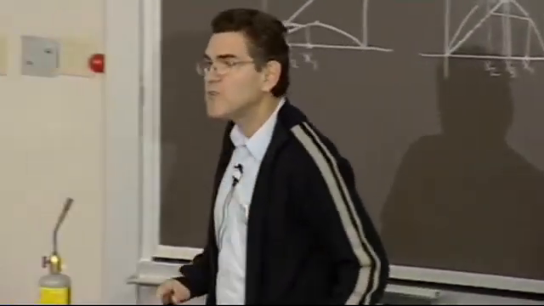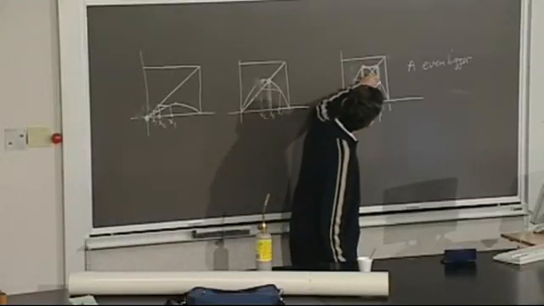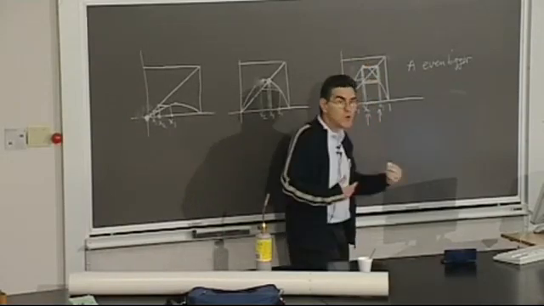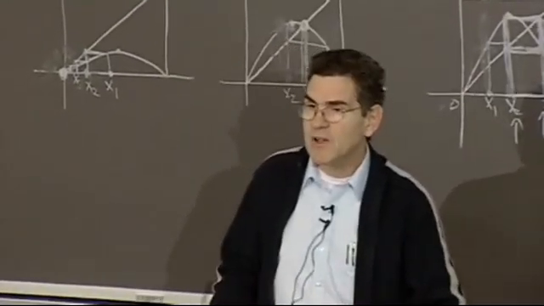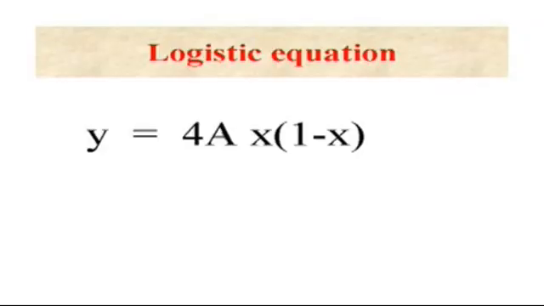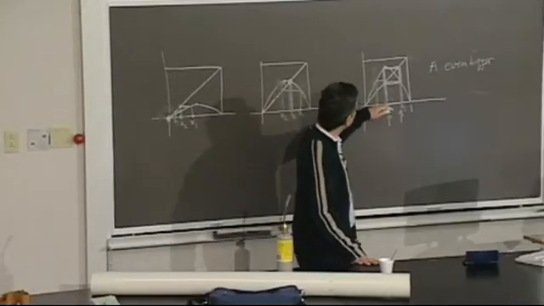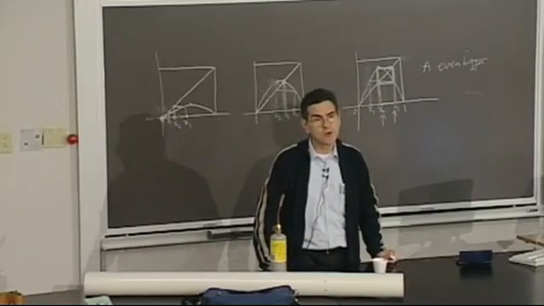And in fact, if you continue this process, taking A bigger and bigger and bigger, the cycle gets longer and longer and longer. So this cycle here is only a 2-cycle, but we get a 4-cycle, and then an 8-cycle, and then a 16-cycle. It's quite remarkable. That's why this equation has the name logistic equation. It sounds like it's interesting. Okay? And so the cycles get longer and longer and longer.